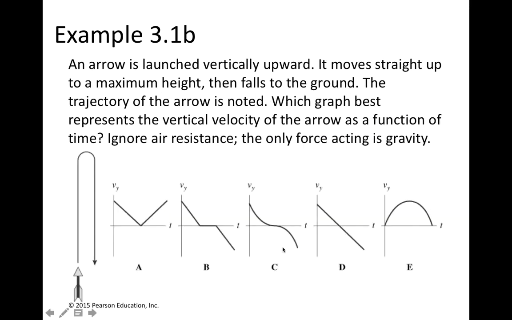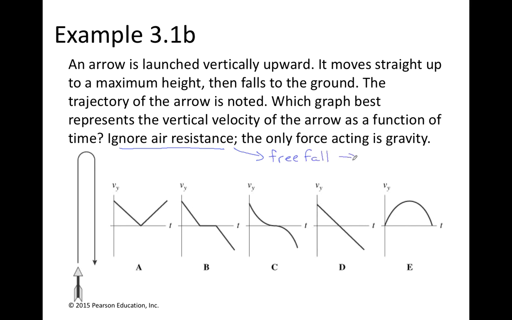In this example, it's the same scenario, but here we want to find the velocity versus time graph that matches this motion. So you'll notice that the wording here says to ignore air resistance. That is telling us that the object is in free fall.